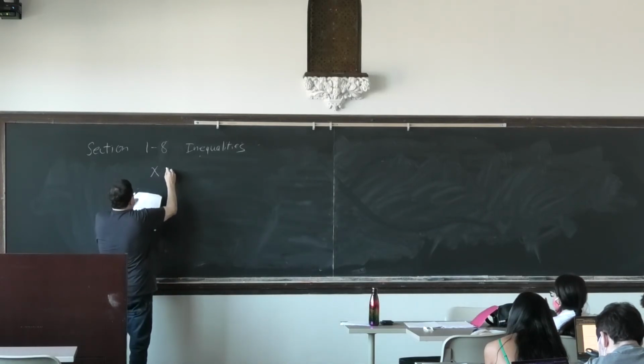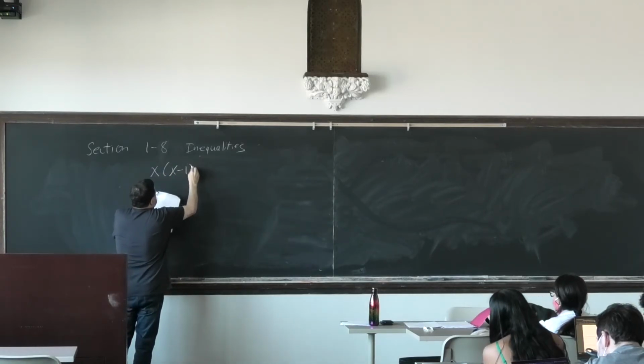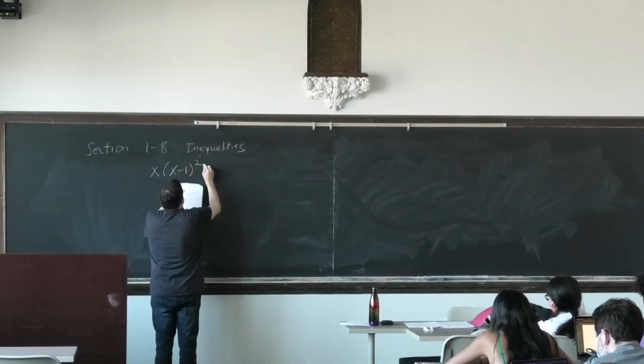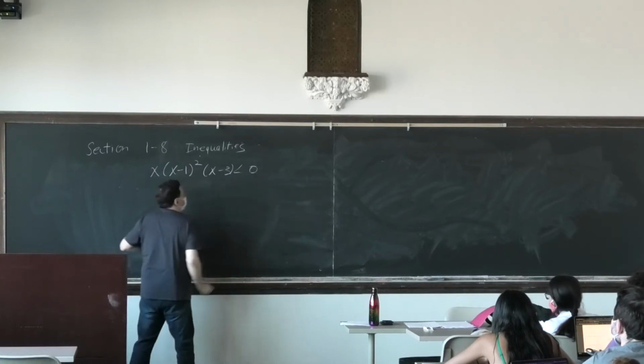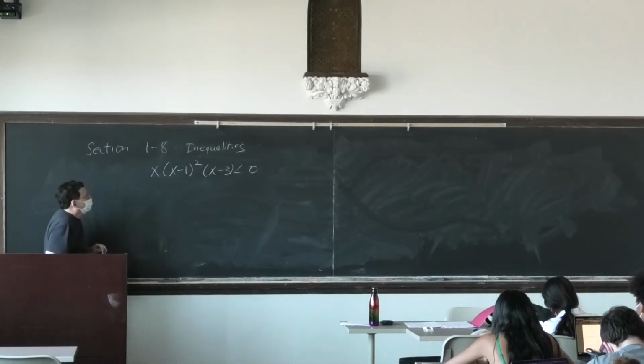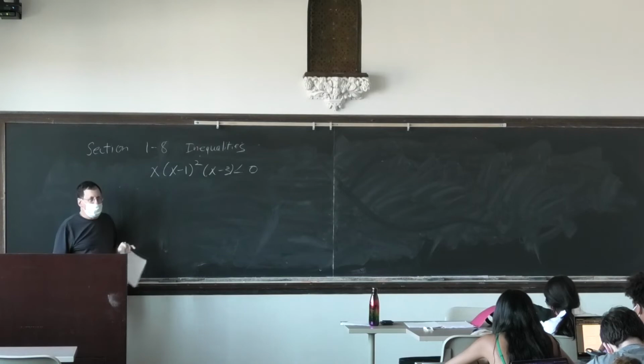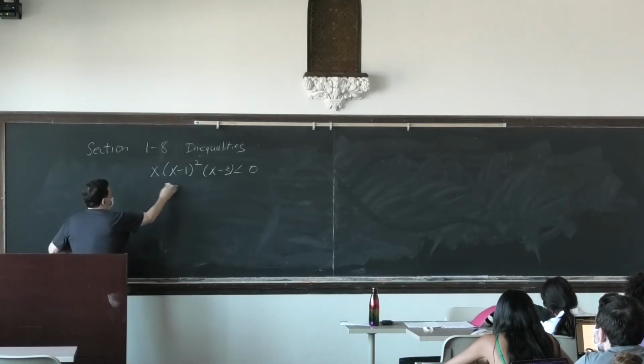So let's look at x times x minus 1 squared times x minus 3 less than 0. This is a problem from the book. They very conveniently factored it for you.